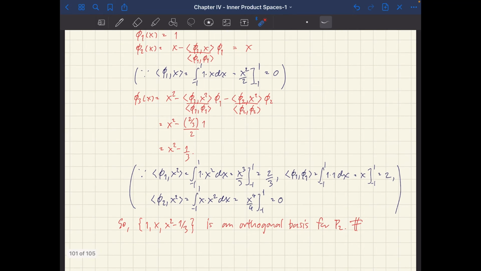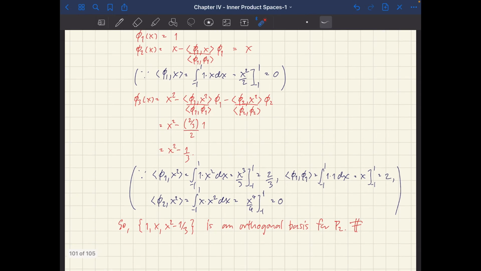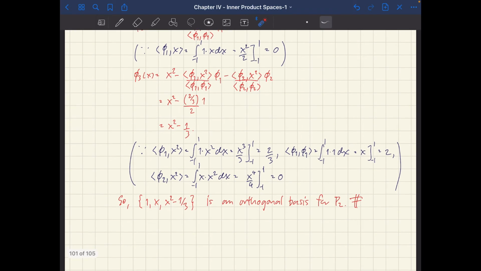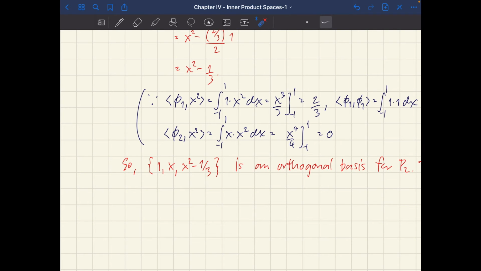From this example, we can find an orthogonal basis for P2. So I have some homework, some work for you.